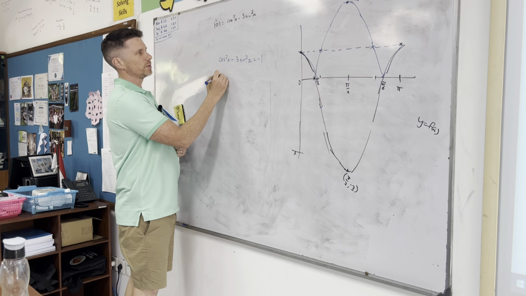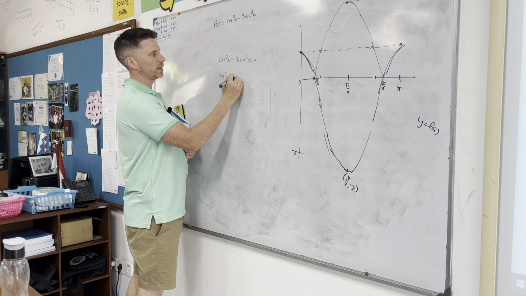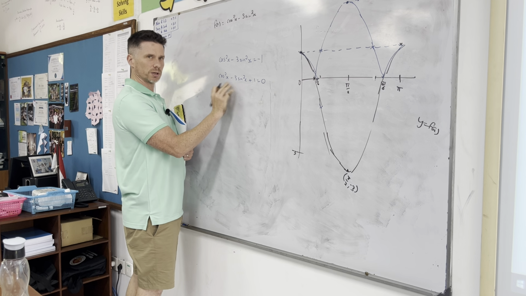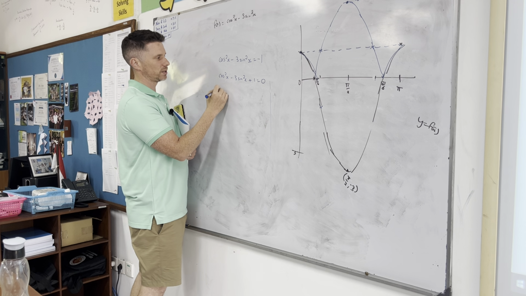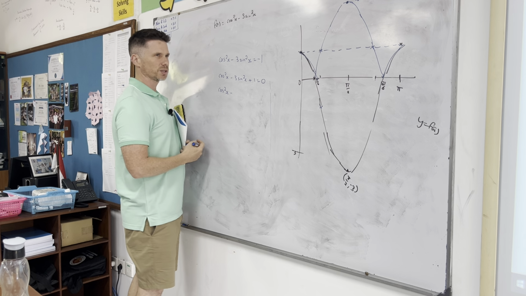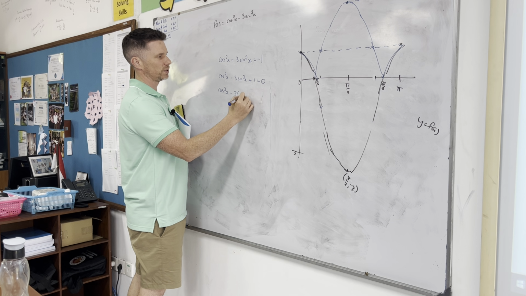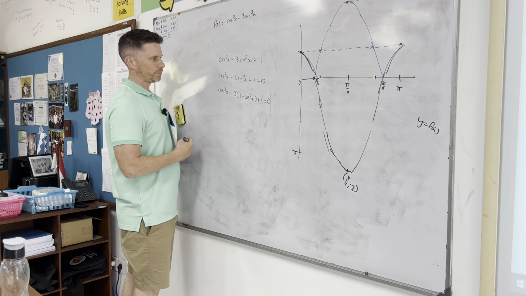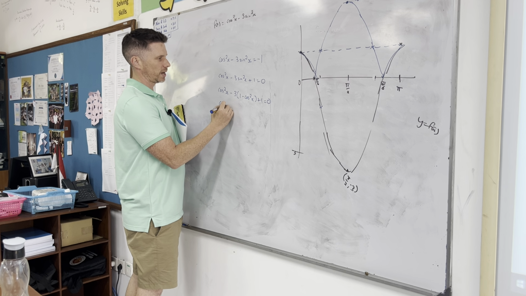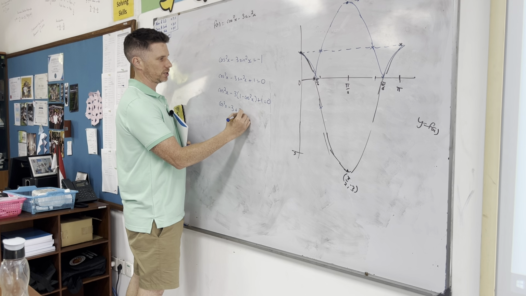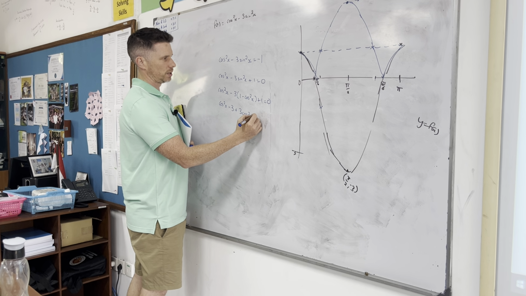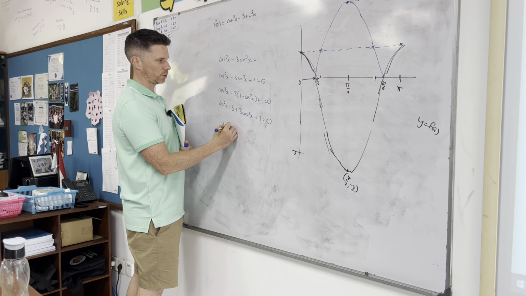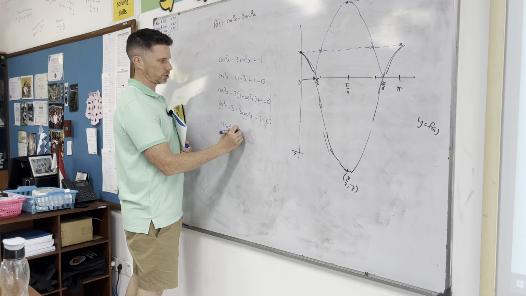So that brings me to bringing everything to one side. Then how am I going to solve this with these sine squares and cosine squares? Well, I think about Pythagoras' identity. Sine squared is 1 minus cos squared x. So I get cos squared x minus 3 plus 3 cos squared x plus 1 equals 0. So 4 cos squared x minus 2 equals 0.